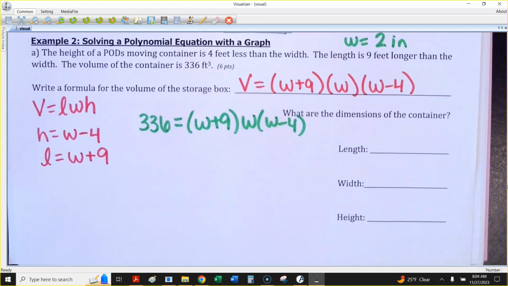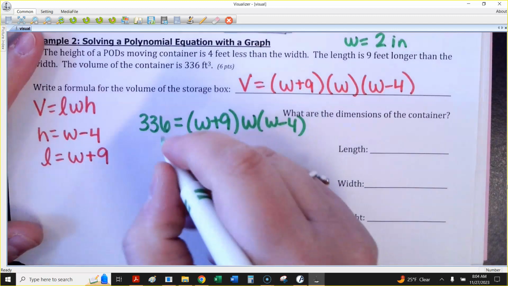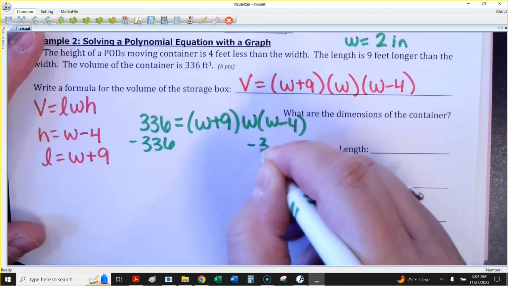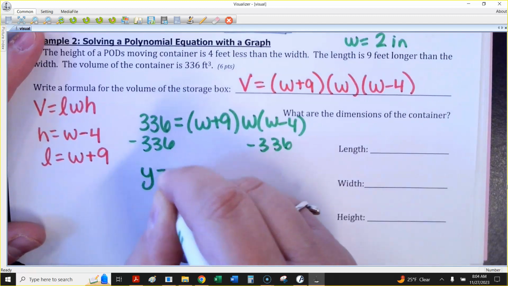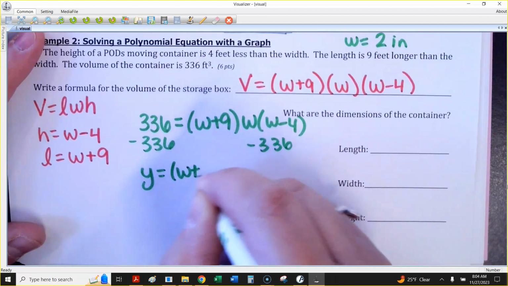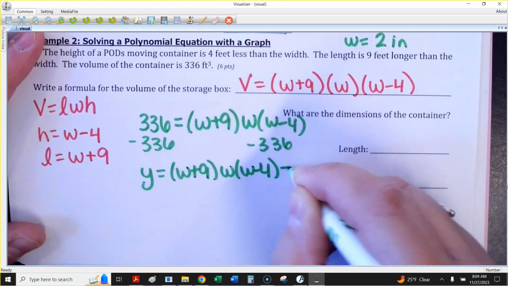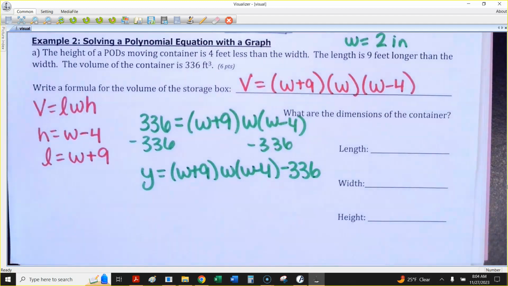So what you would have to do, and this is just one option, is I would basically subtract the 336 and you would graph, and you could just leave those parentheses if you want to, that W minus 4, and then you'd have like minus whatever the volume was, which was the 336.